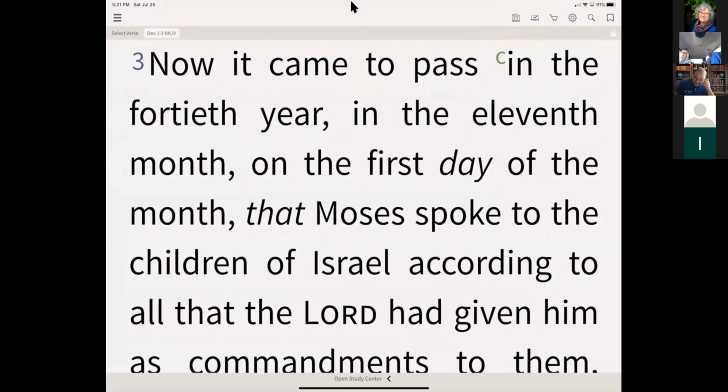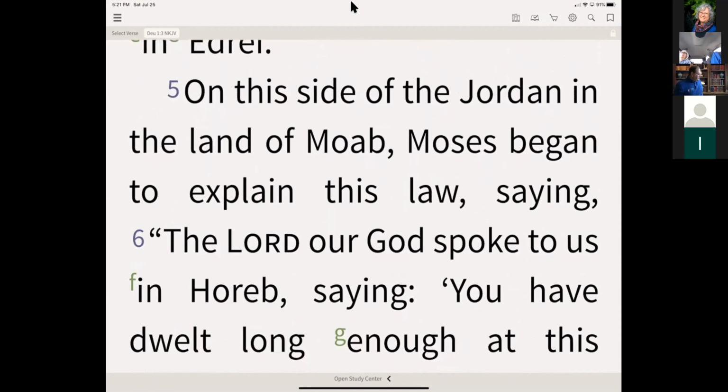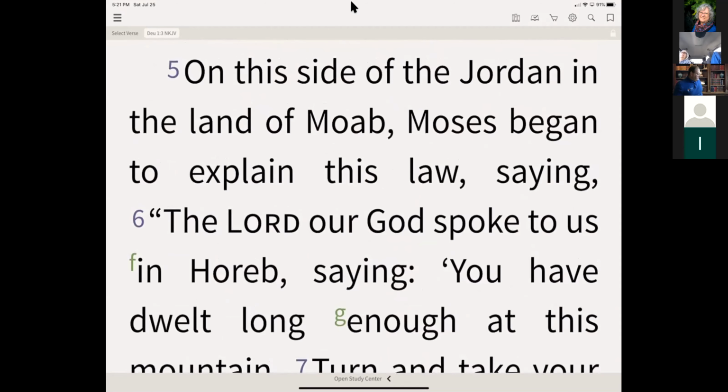Why? This is the question that Moses is trying to answer. This is the question. This is what really entails in the explanation of this law.